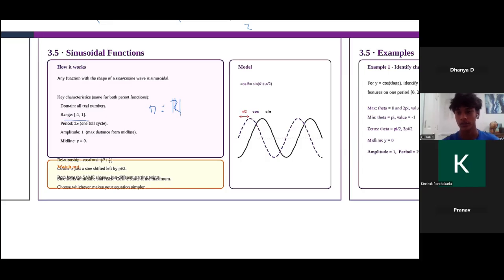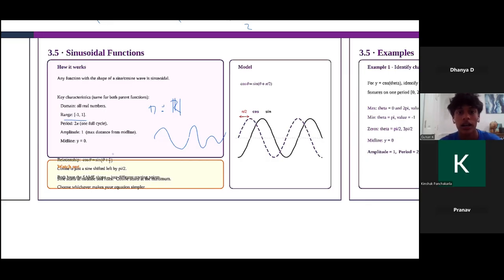From 0 to 2 pi, after this, it just repeats again. So the period is basically how long it takes for the pattern to start and end and then repeat. And the amplitude is 1, which is the maximum distance from the midline, so you can do your maximum minus the midline. Midline is going to be at y equals 0.